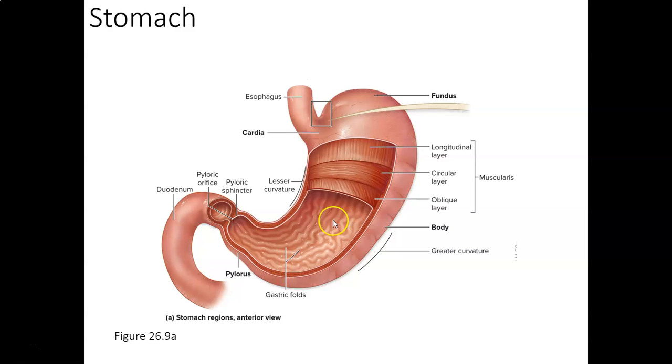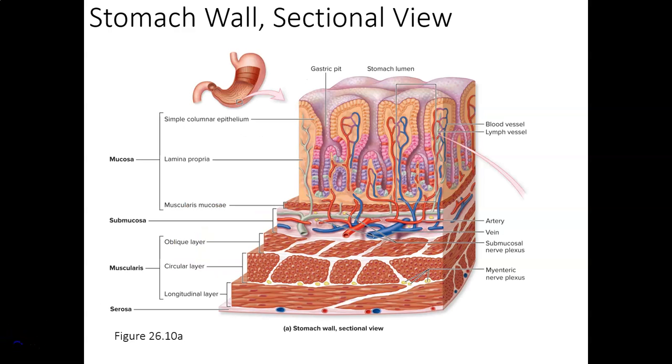So inside of the stomach, it also has this special structure called gastric folds. Another term for those folds is gastric ruga. Let's look at the cross-section view of the stomach wall. You can see the four tunics that make up the GI tract: mucosa, submucosa, muscularis, and serosa.